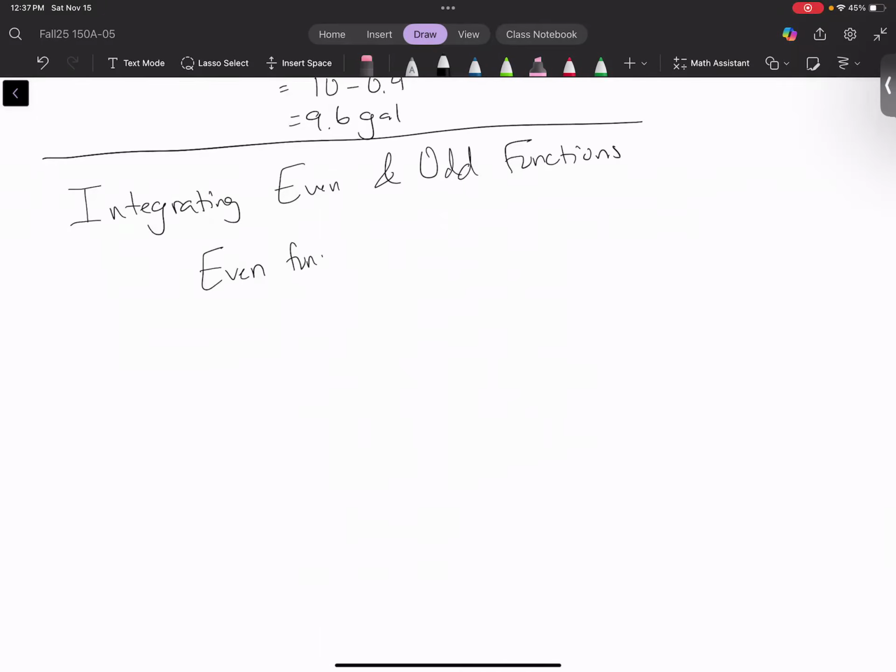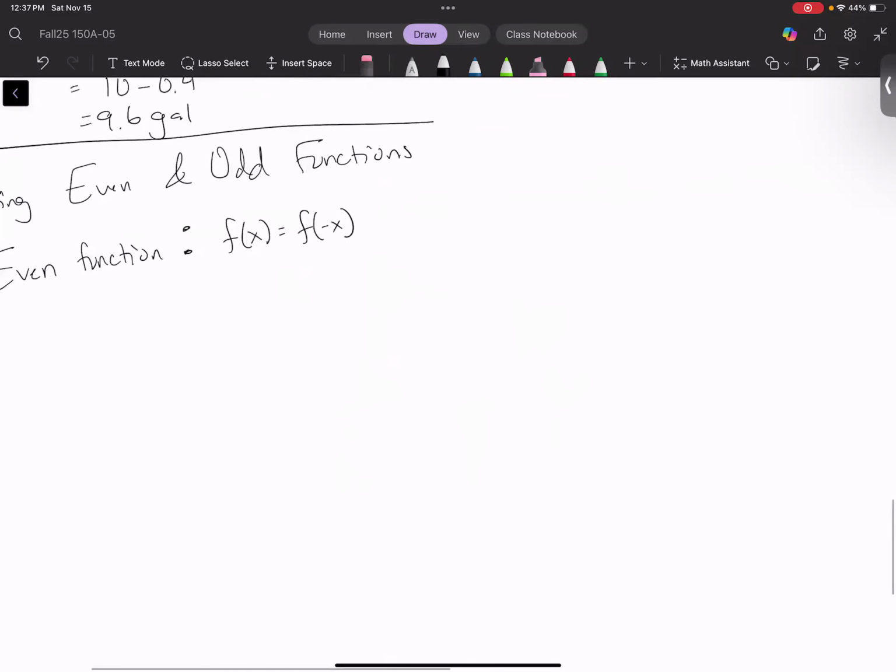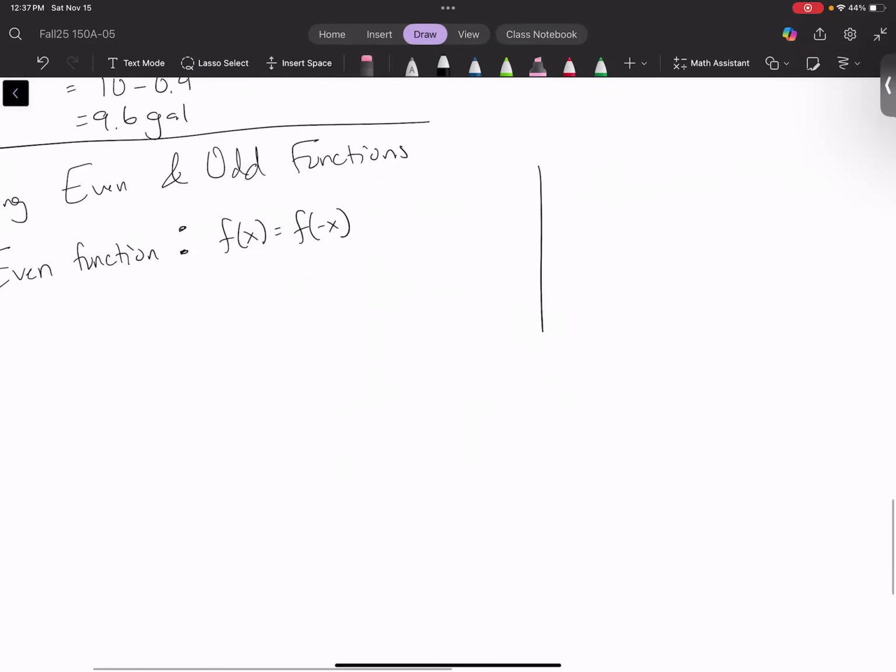An even function satisfies this property where the function equals the function if you plug in negative x. What that means is your graph is symmetrical across the y-axis.